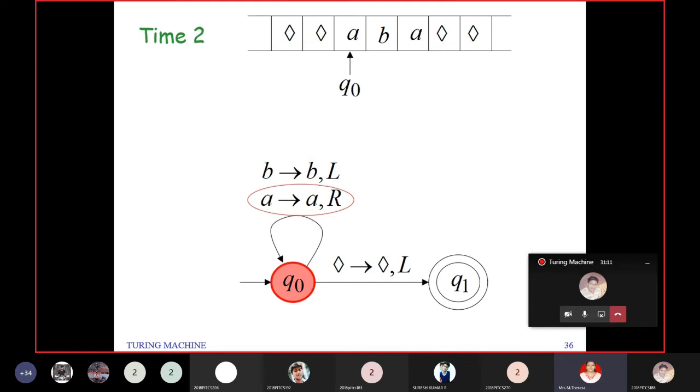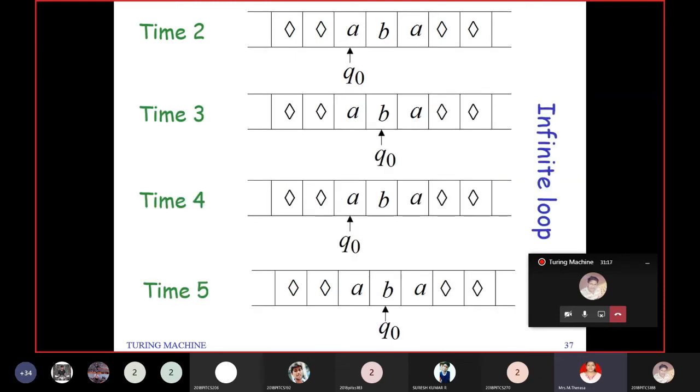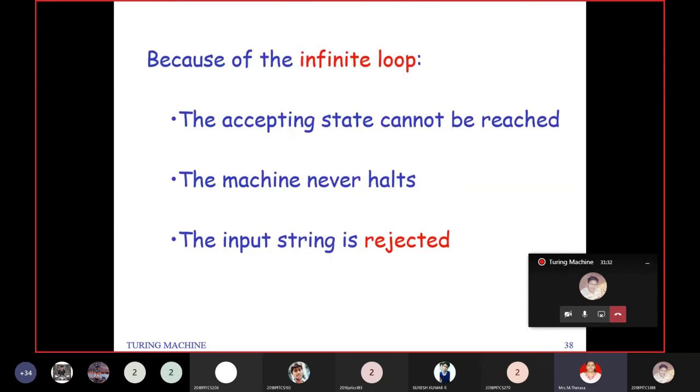Okay, next it points to A. So whenever it reads A, it will come forward and read B, and again after reading B it will go backward and read A. So this will be repeated n number of times. Okay, so this is an example of an infinite loop. Because of the infinite loop, the accepting state cannot be reached. The machine never halts. The input string is rejected.